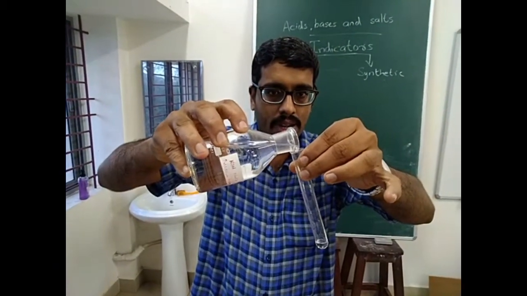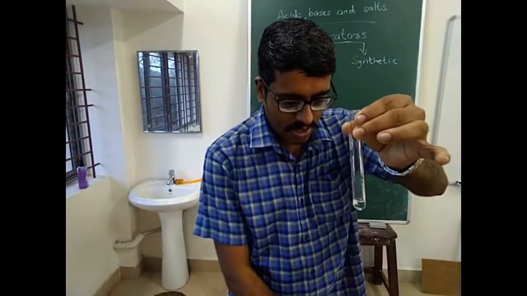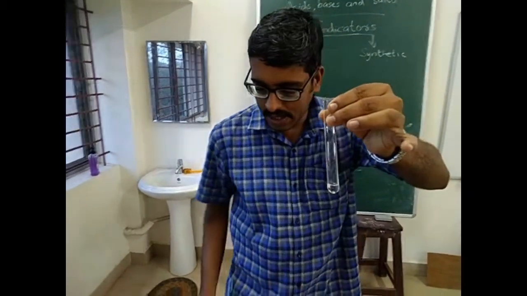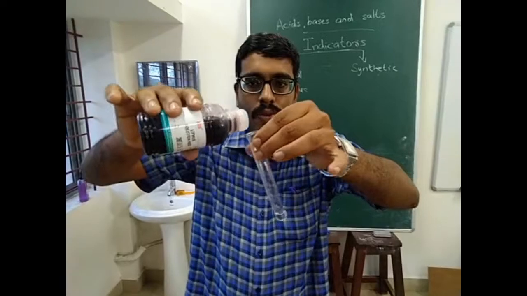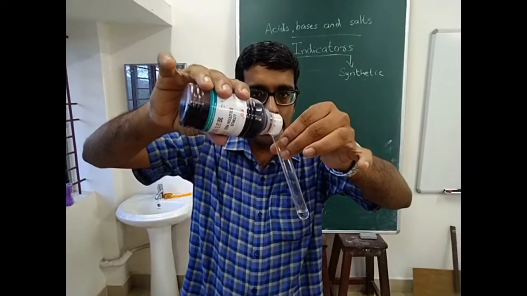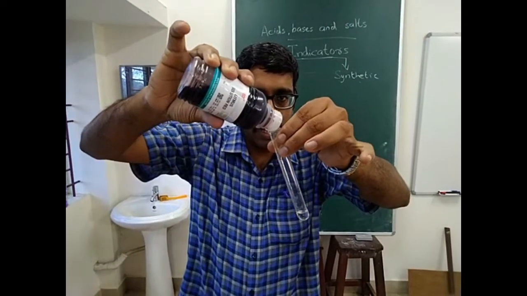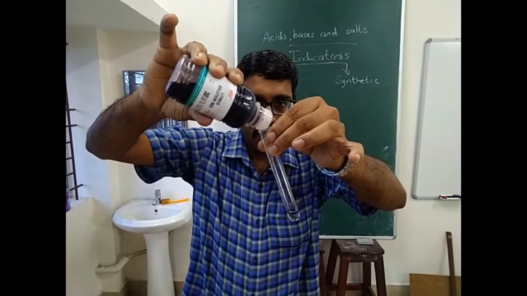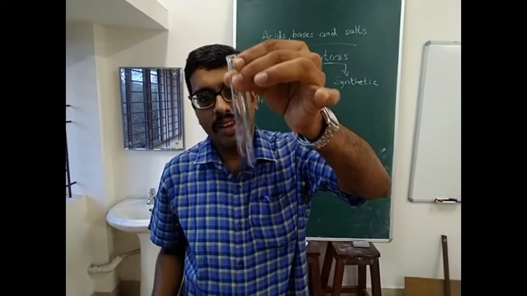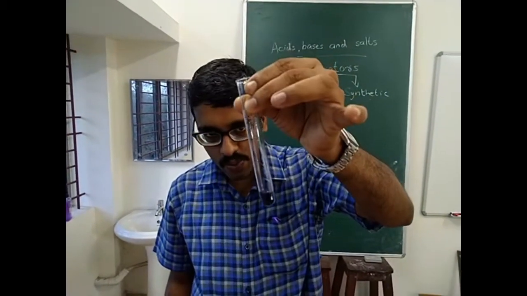Around 5 ml I am adding, and into the test tube I am adding 3 or 5 drops of red litmus solution. You can see, carefully watch it. Now you can see the red color changes into blue.